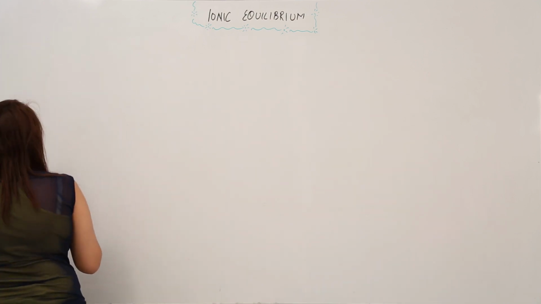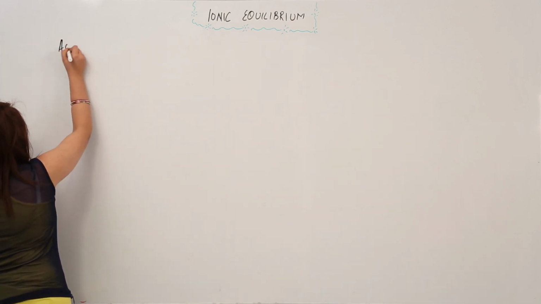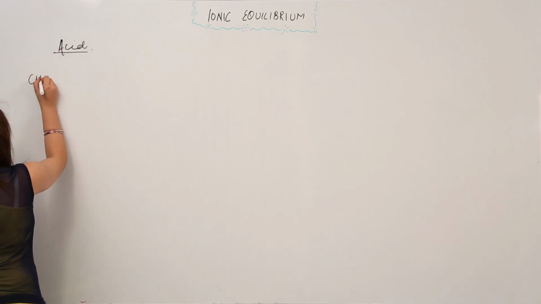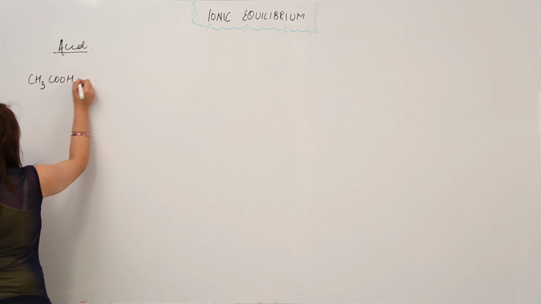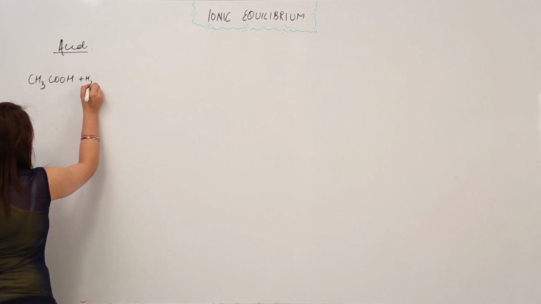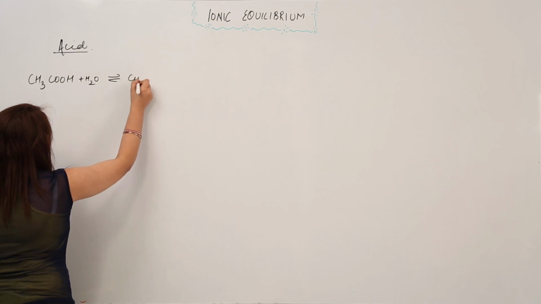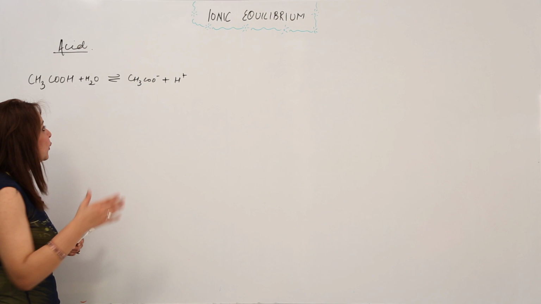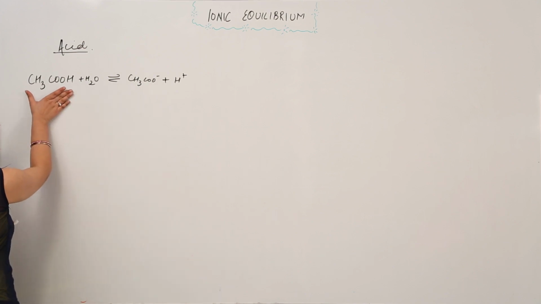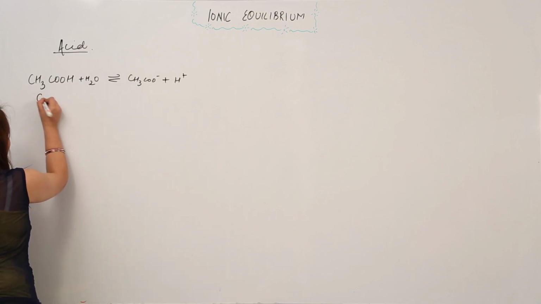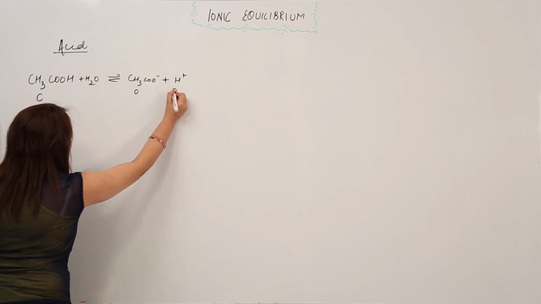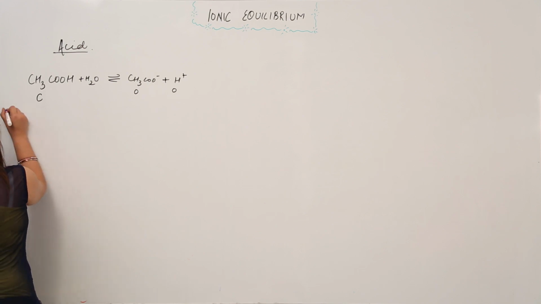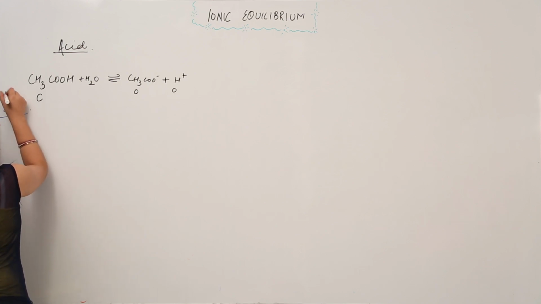So how I am doing it, see, for an acid, I am taking the acid as an example. Suppose I have the weak acid, that is acetic acid. I know that when I dissolve it in water, I am going to get an equilibrium between the acetate ion and the hydrogen ion, right? Suppose the initial concentration of acetic acid is C and the concentrations of the ions are 0.